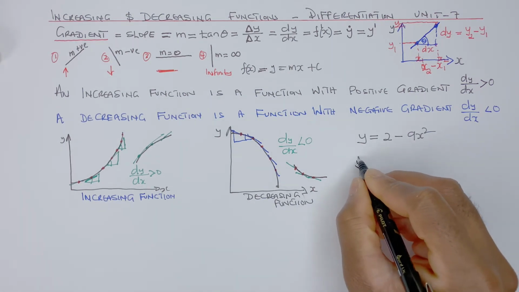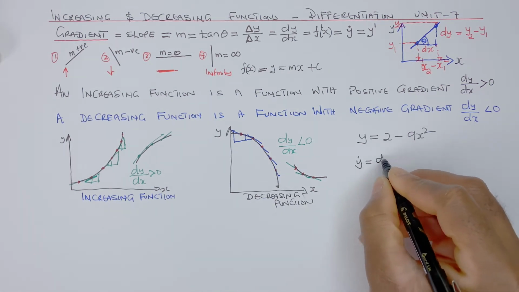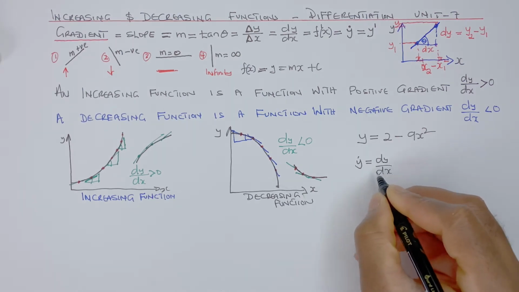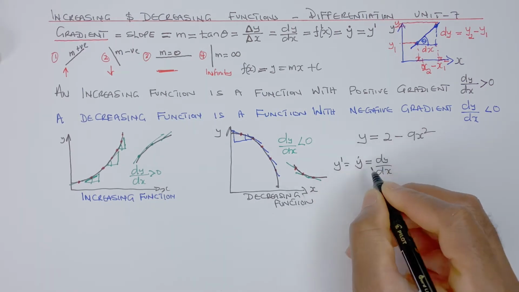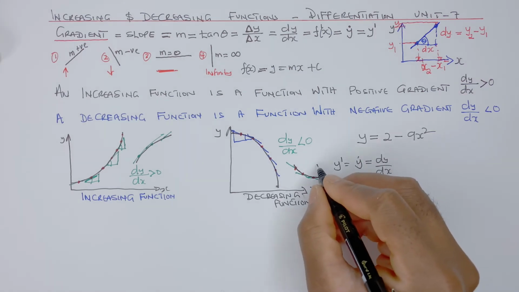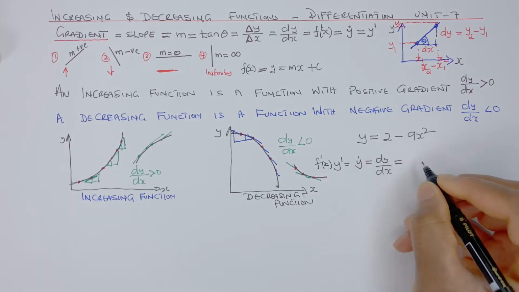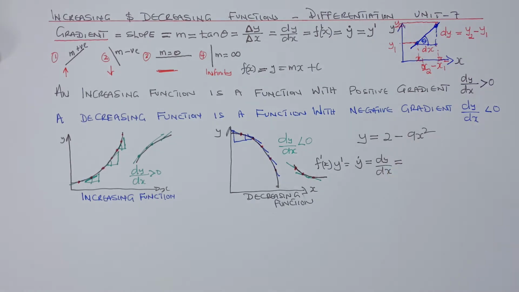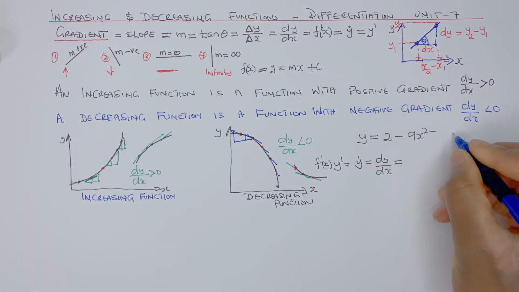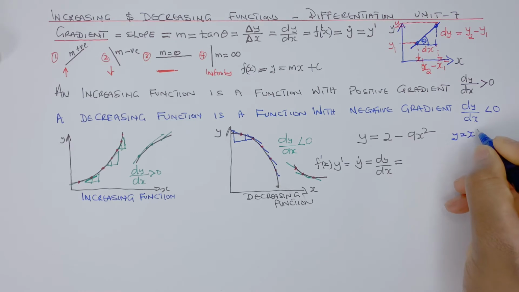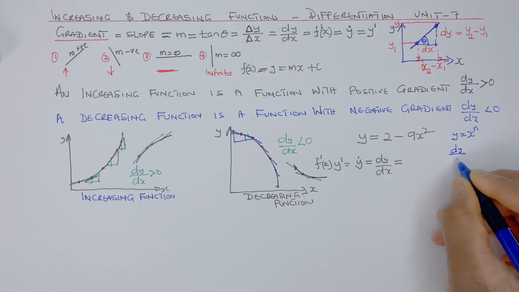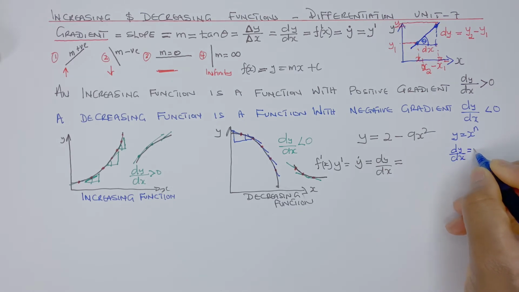So you can say y dot, which means dy/dx, or y dash, same thing, or f dash of x. And if you're differentiating a function y equals x to the power of n, then dy/dx has to be n x to the power n minus 1.